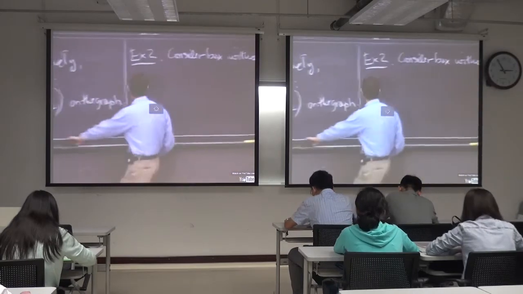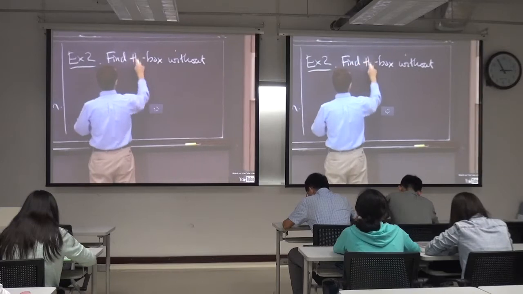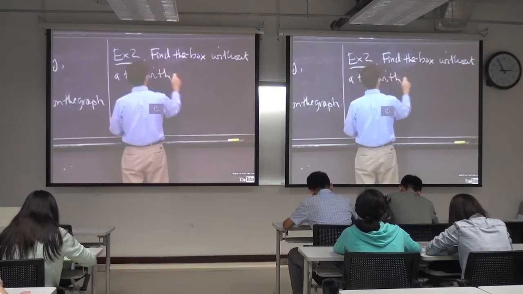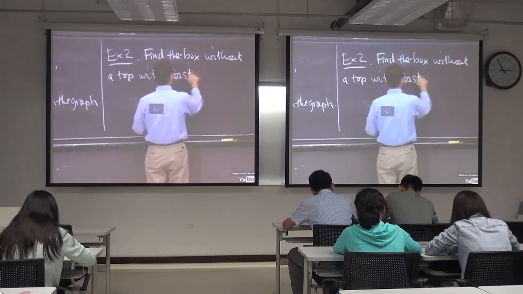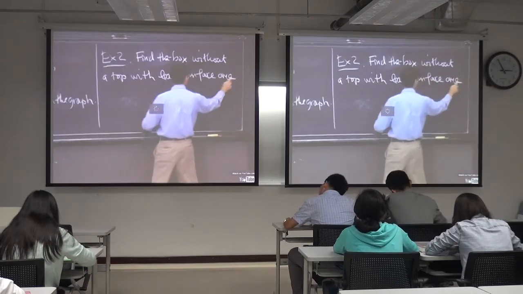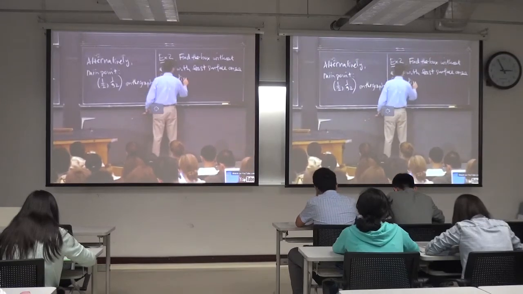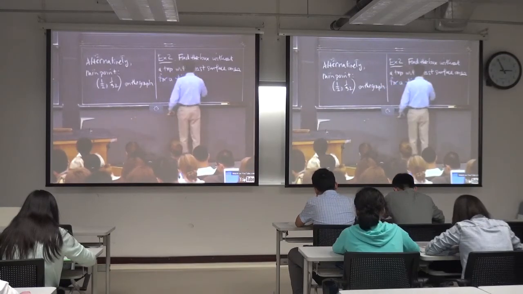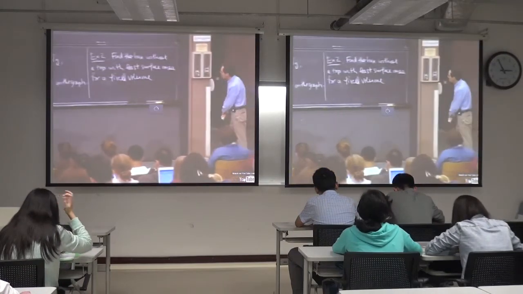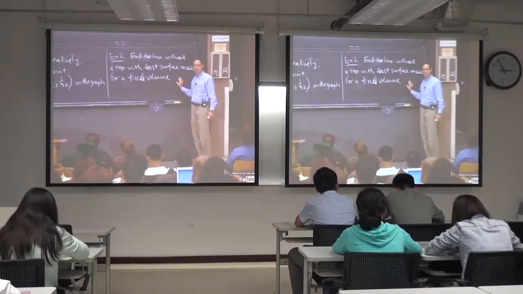Or if you like, we're going to find a box without a top with least surface area for a fixed volume. All right? Find the box without a top with least surface area for a fixed volume.